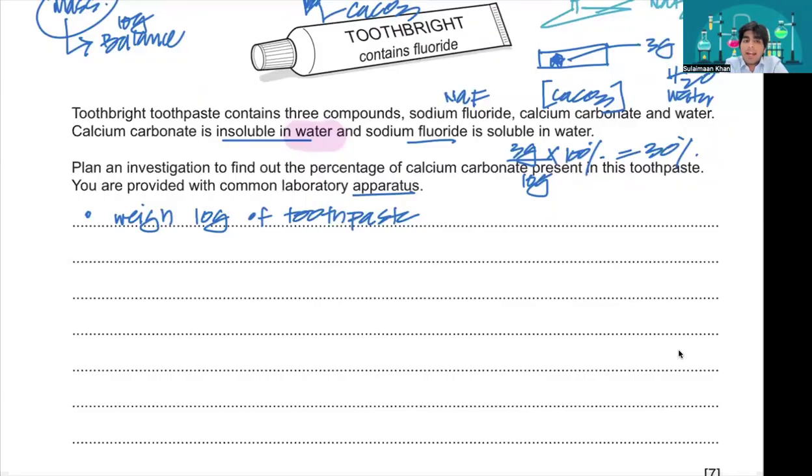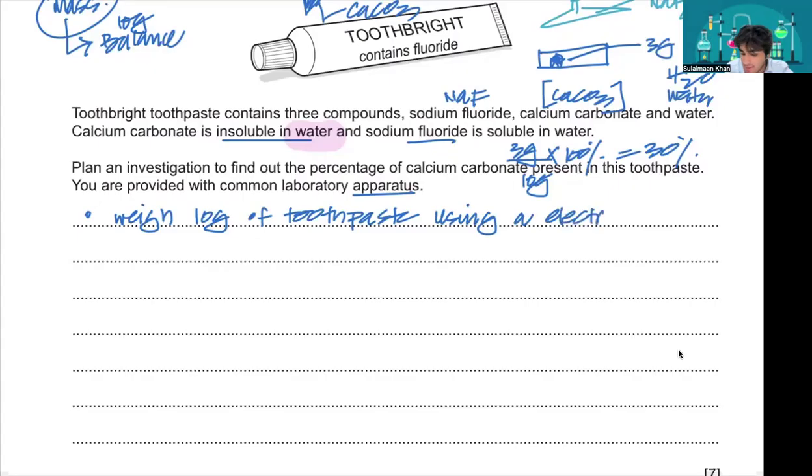If you blatantly write the names of the apparatus that are going to be used, you're going to get a 0 mark for it. Why? Because just writing multiple apparatus, I'll use this, I'll use this, no, try to integrate it in the answer. So see how I'm beautifully making the answer. I'm saying weigh 10 grams of toothpaste using a balance or electronic balance or whatnot, right?